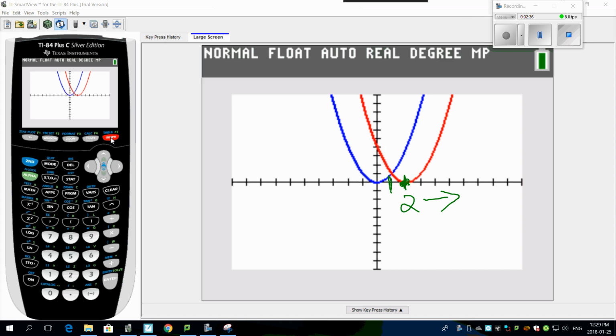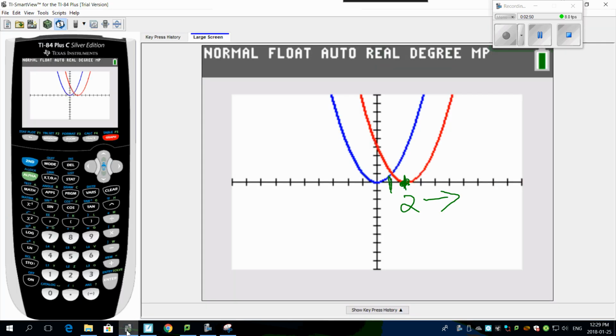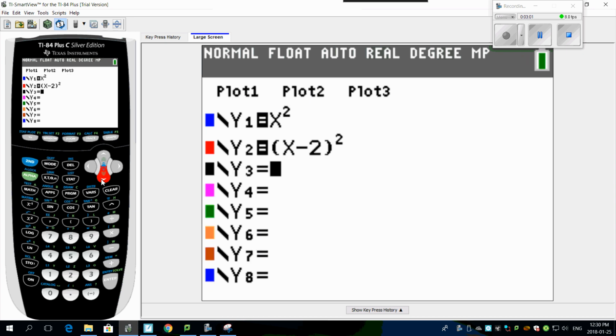I want to take this one more step. Let's go to this one and check it out. It's now plus 3. So if minus means move right, plus 3 means, yeah, you've guessed it, move left. So let's see if this actually happens. Let me clear this out of here. All right, we'll leave that one there, go down to our third one here, which is going to come up black.